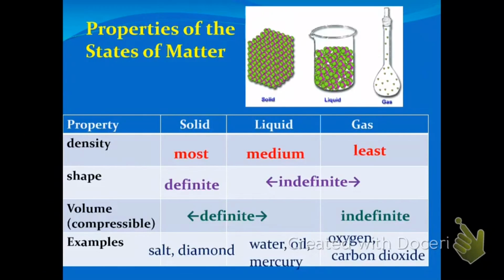Gases: anything in the air, oxygen, carbon dioxide, helium for our balloons, neon and the neon lights, those are all gases. So they have the least density, they're compressible, all that other good stuff. We're going to be talking more and more about these different phases, these different states of matter, and the different properties in a lot greater detail later.